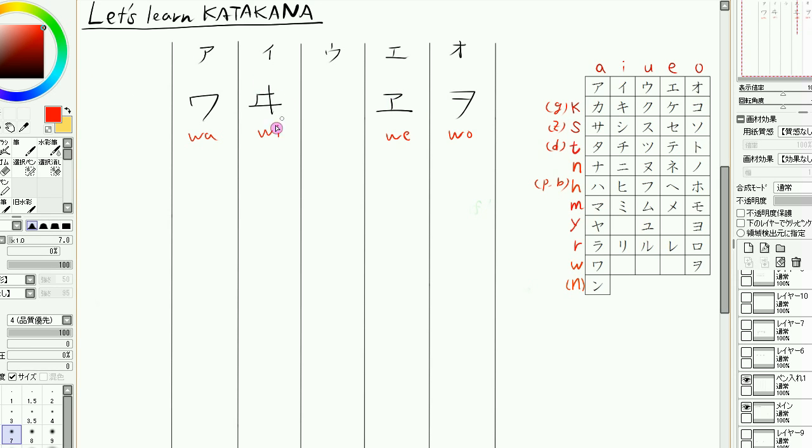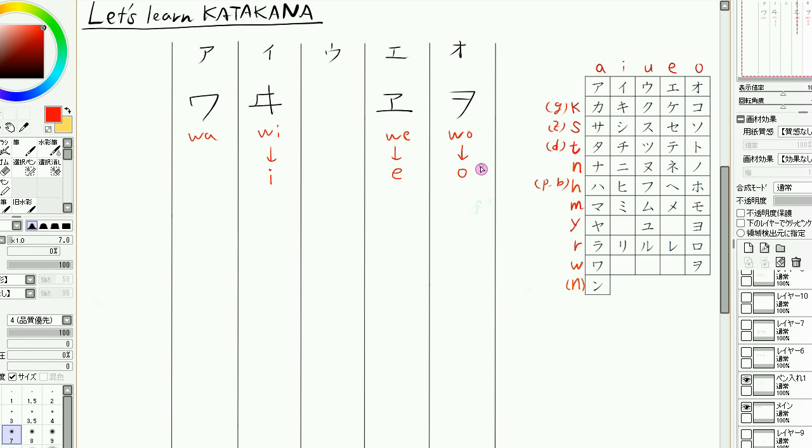However, we don't have wi and we now, and when we see these characters in old Japanese writings, we don't pronounce them that way. Actually, we change it to i and e when we read it. And as I've said, it's also the case with wo. We usually don't say wo, we just say o.